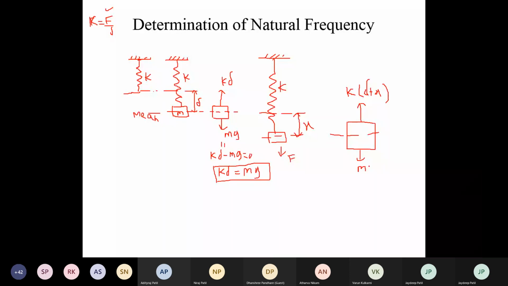Now one more force acts on this body, which is known as a restoring force. When the body is displaced from its equilibrium position, an imaginary force acts on that body.